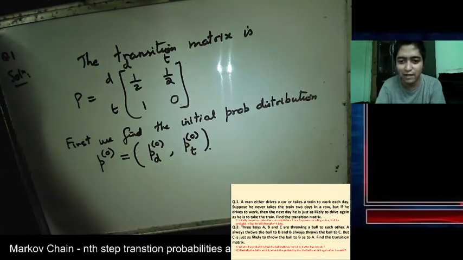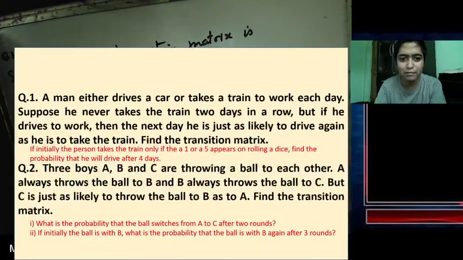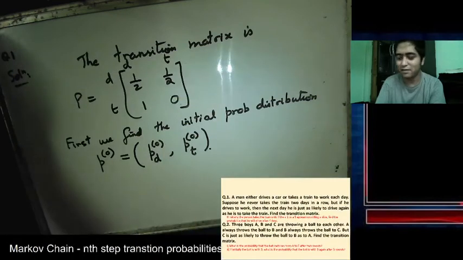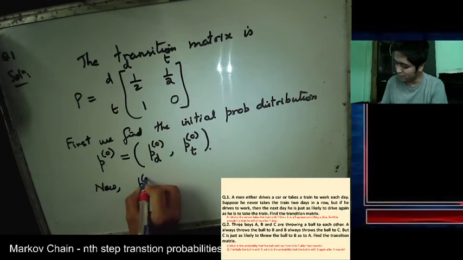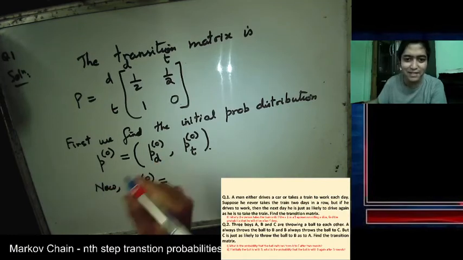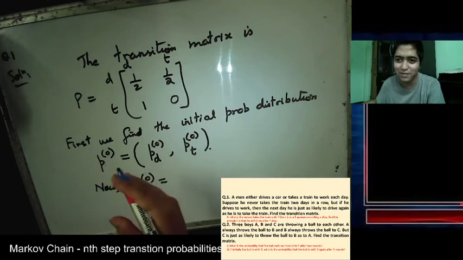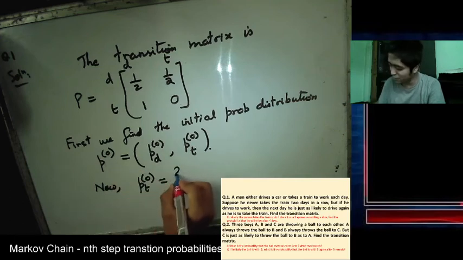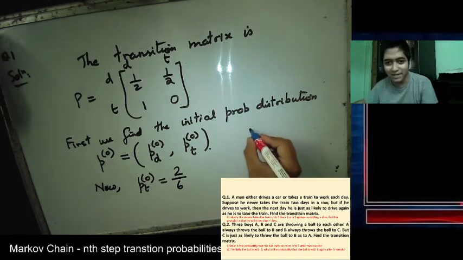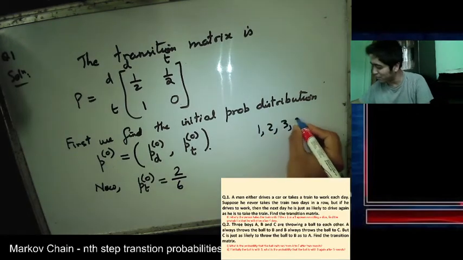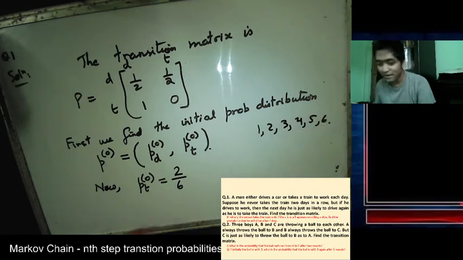Now again, how do we find this one? We will have to use what is given. He takes the train if 1 or 5 appears. So for PT 0, initially he takes the train if 1 or 5 appears. So 2 possible cases out of 6, because on rolling a die, the possible outcomes are 1, 2, 3, 4, 5, 6.